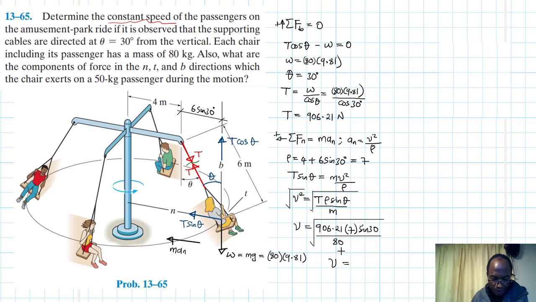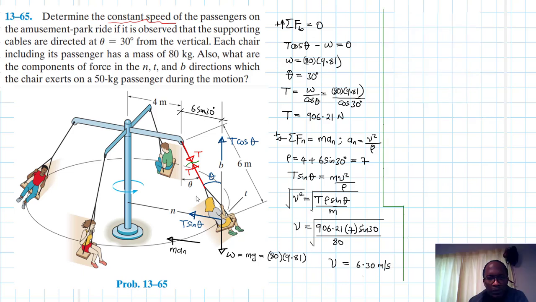So this we get 6.30 meters per second. Right, so we found our velocity, our speed, which is this one here.